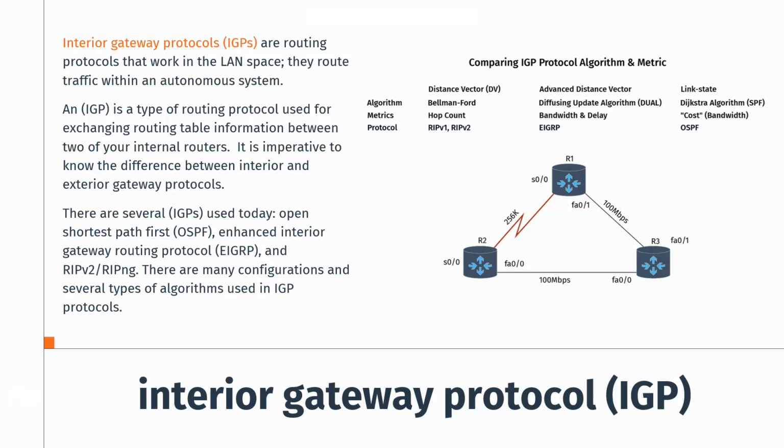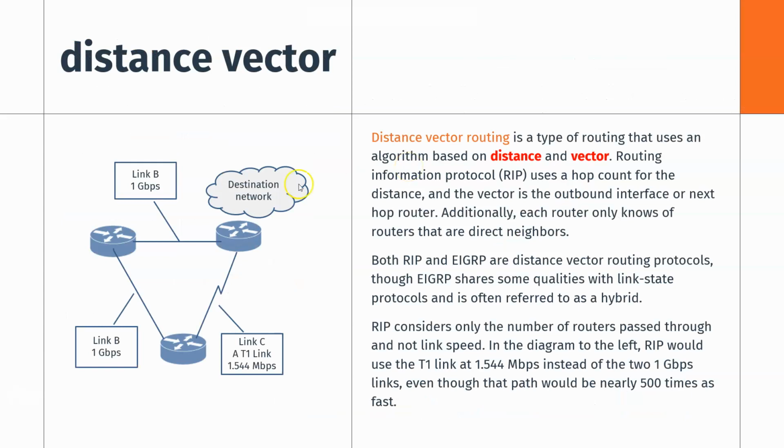So that's kind of an overview of interior gateway protocols. Distance vector is going to be RIP. Probably one of the easiest ways to do that is to look at a RIP here, and I got the wrong one open, of course.